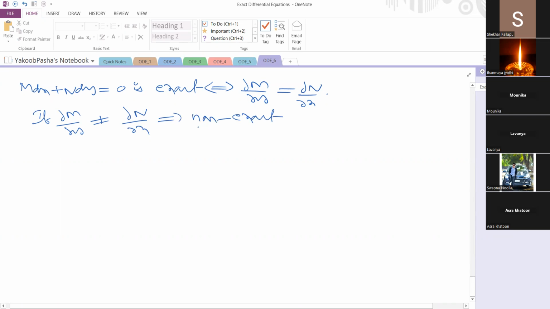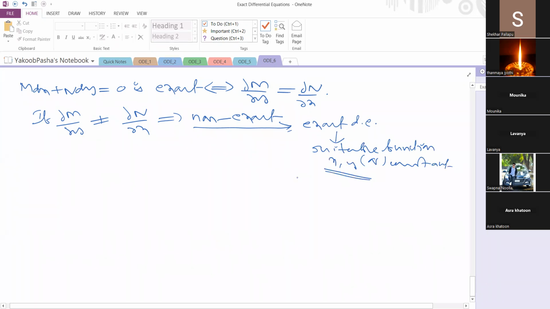So we can convert a non-exact differential equation into an exact one by multiplying by a suitable function. That function may be a constant or a function of x, y. This suitable function is called the integrating factor.